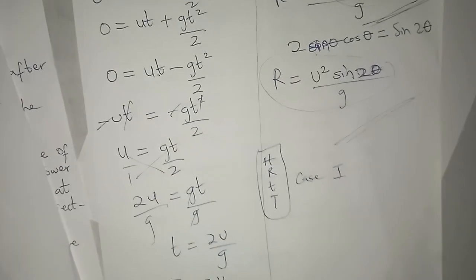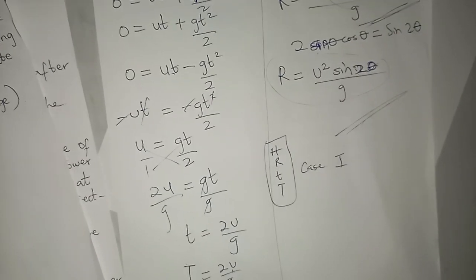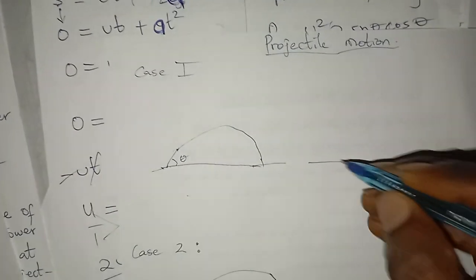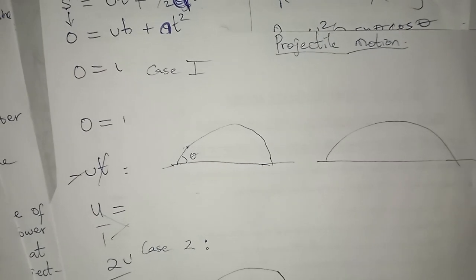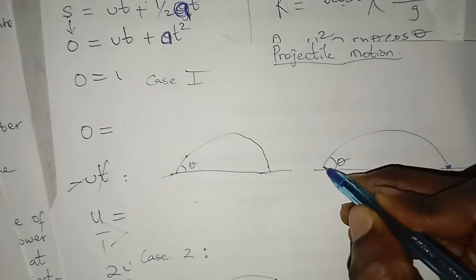And case 1 is simply the situation we have here, when the body is projected at an angle theta and comes down peacefully, projected from here.